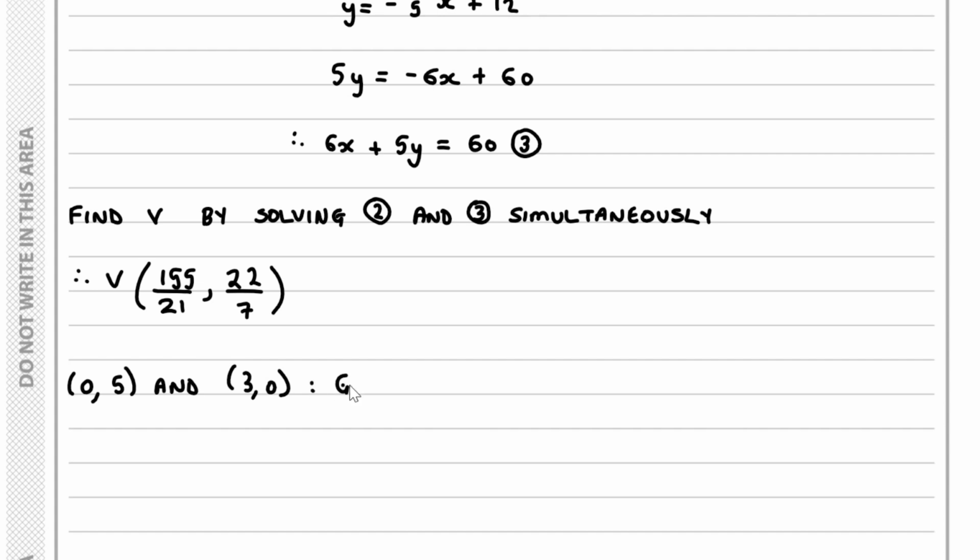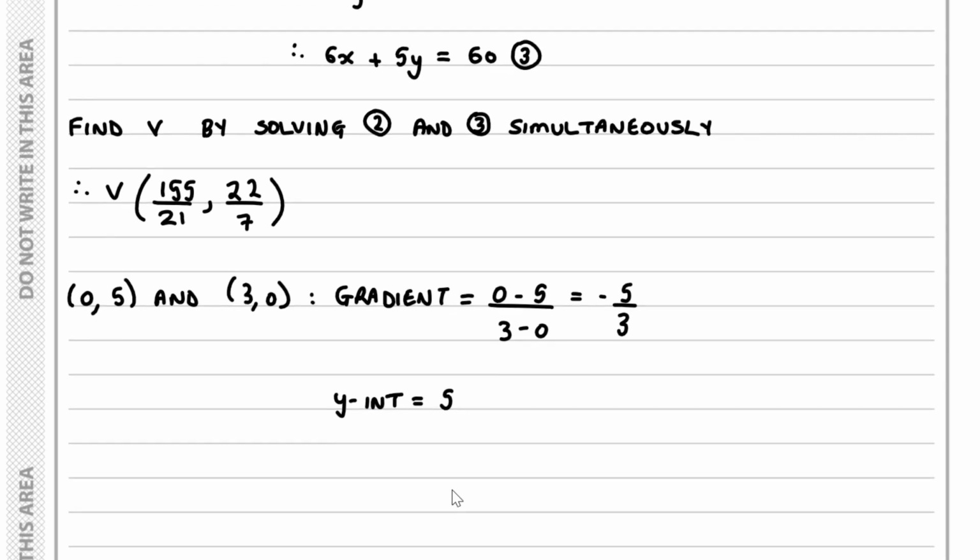The gradient is going to equal 0 take away 5 over 3 take away 0, which is minus 5 over 3. We know that the y-intercept is equal to 5.